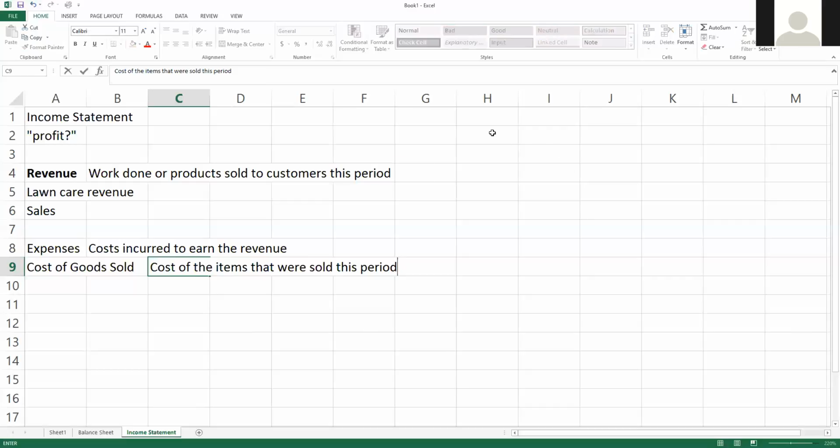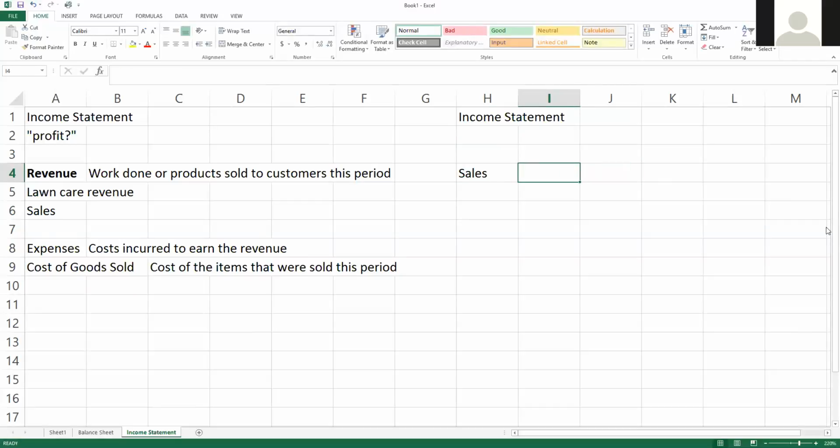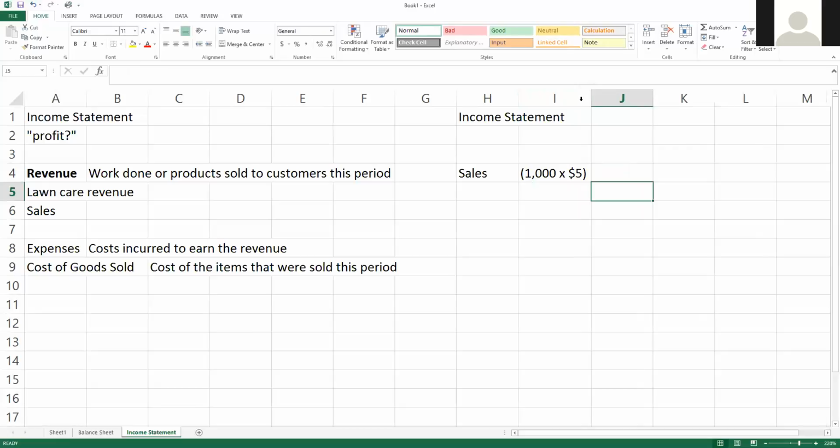I'm going to step over here and make a mini income statement for a merchandising business so that we can see how this works. Our revenue would be called sales. Let's say that we sold 1,000 products and we sold them for $5 each. So we'd say we had $5,000 of revenue.